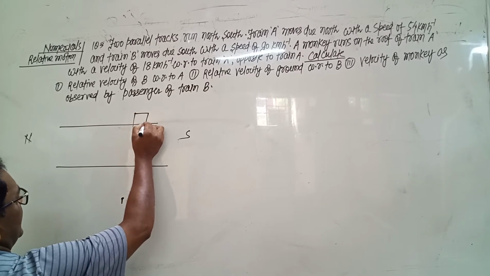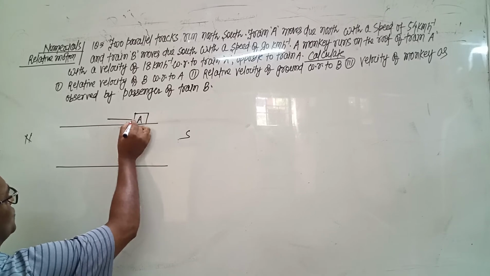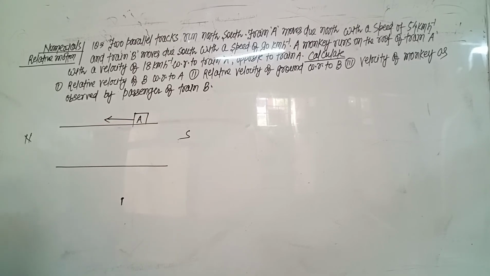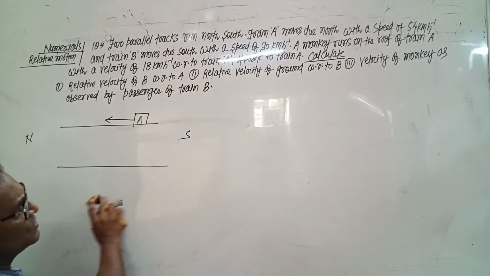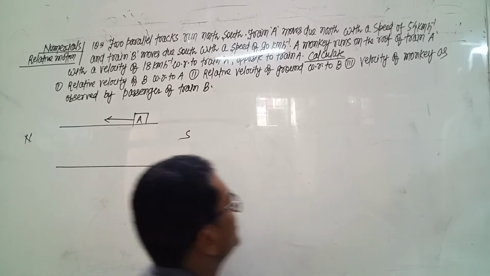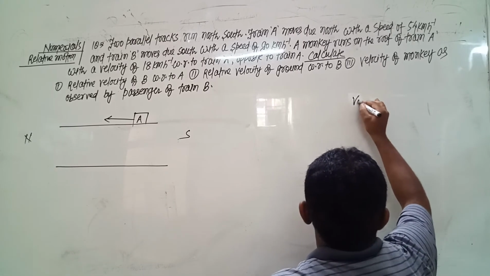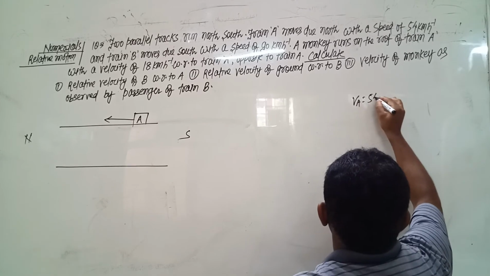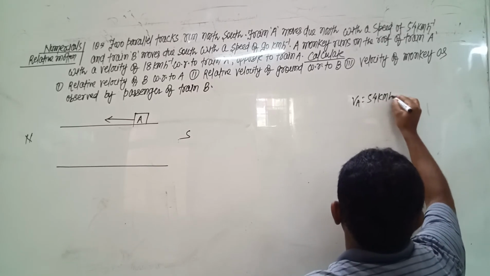Train A moves due north with a speed of 54 km per hour. The speed of train A, VA, is given as 54 km per hour.